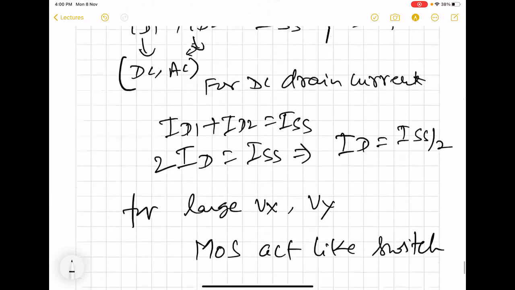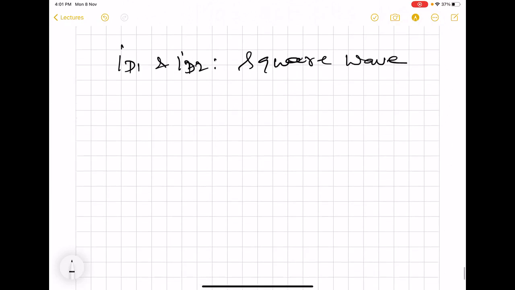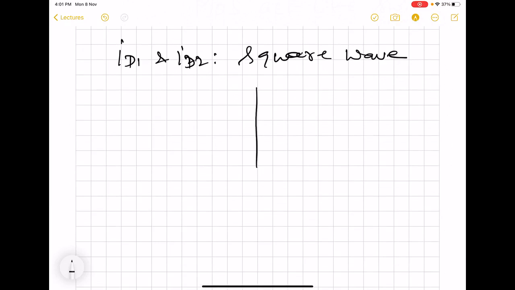So these drain currents, ID1 and ID2, will become square waves. So their waveform is equivalently going to be like this.